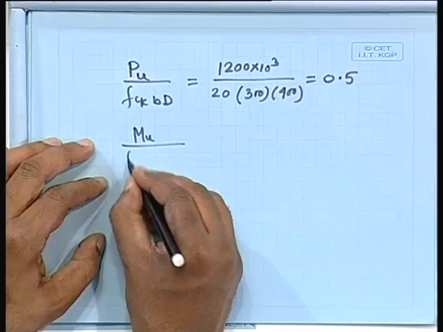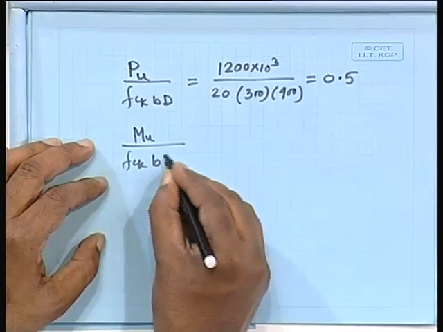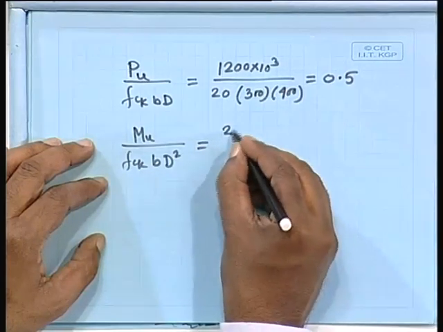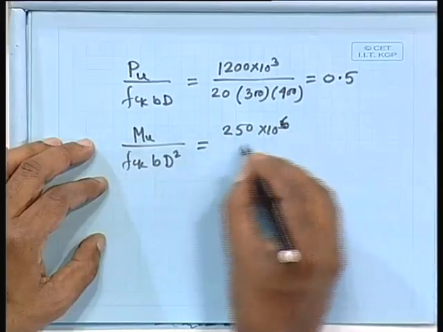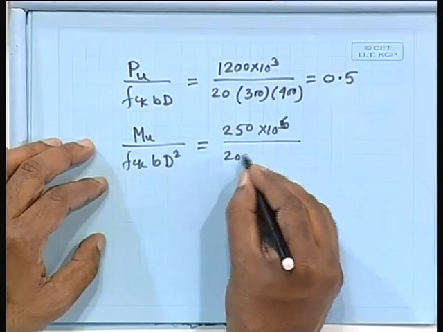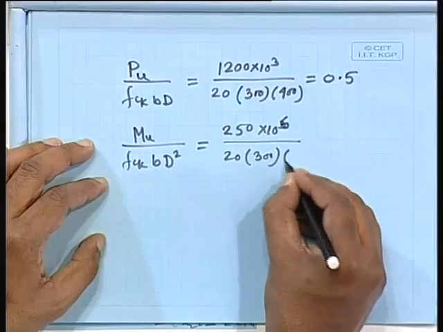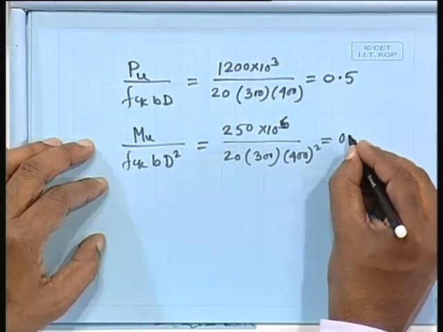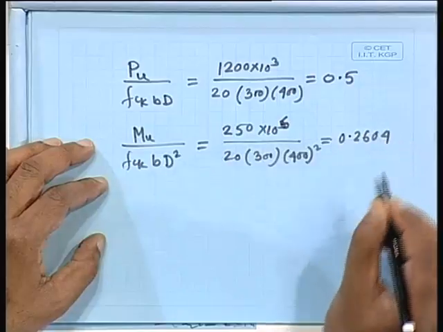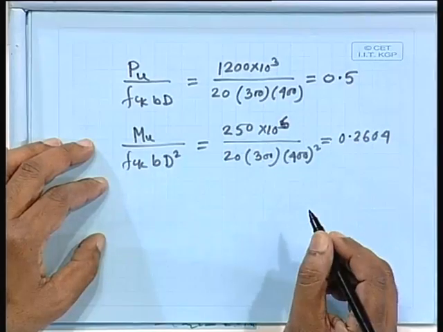Mu by fck bD square equal to 250 times 10 to the power 6 divided by 20 times 300 times 400 square, which comes as 0.2604, or 0.26 simply we can take it.